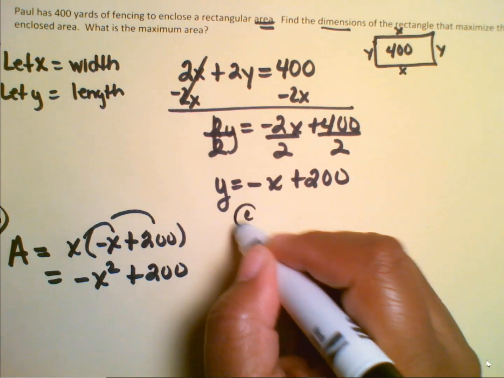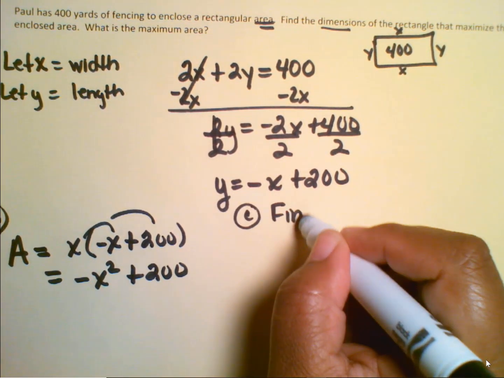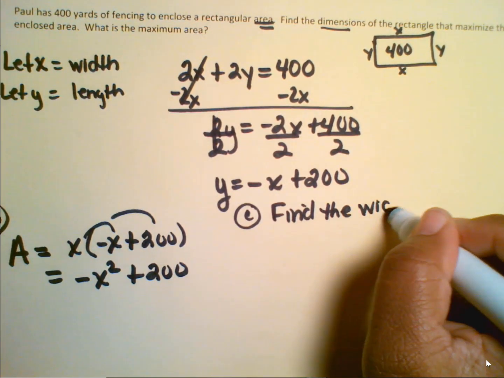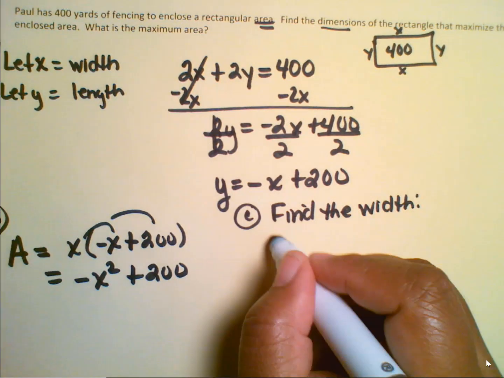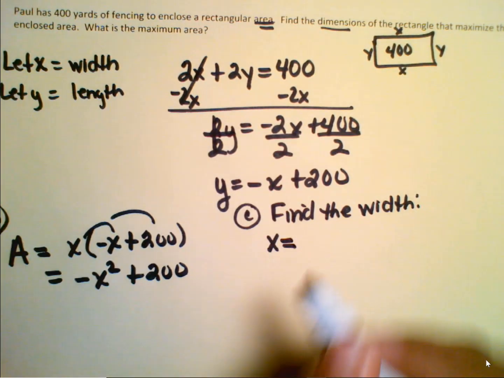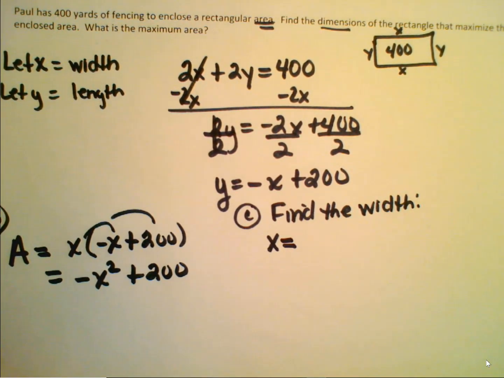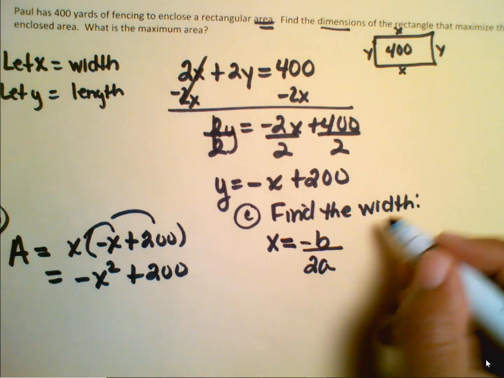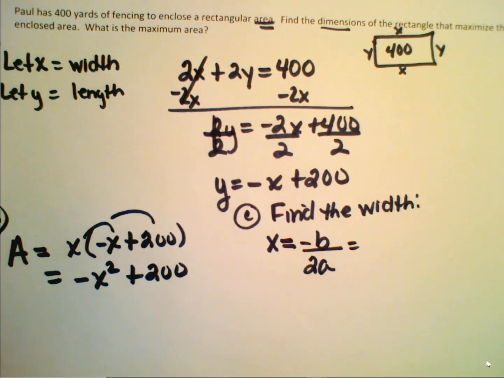Part C now, we want to find the width, meaning the maximum value. So we're using negative b all over 2a. This should be, sorry about that, that should be 200x.